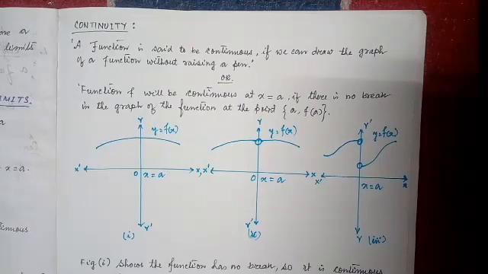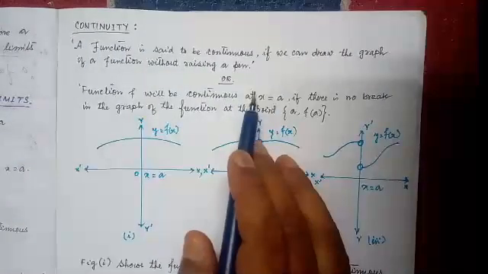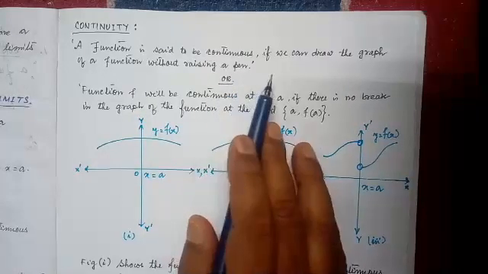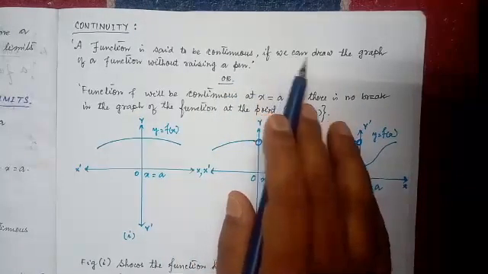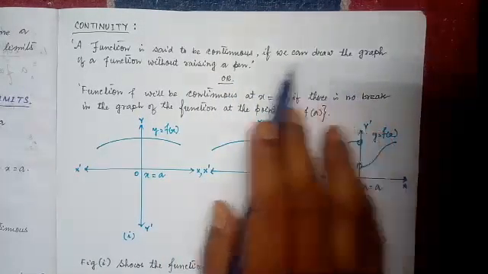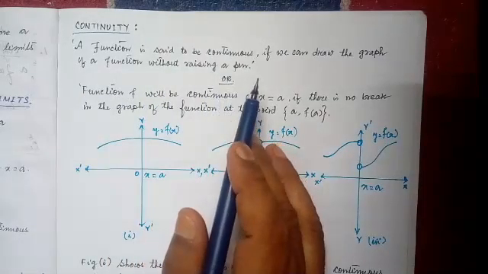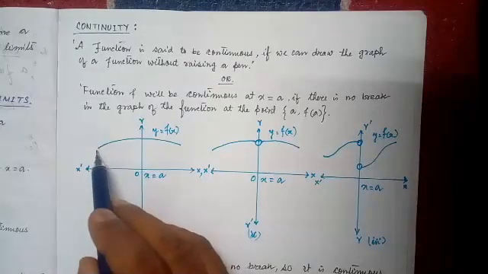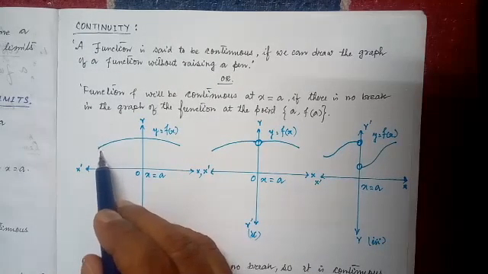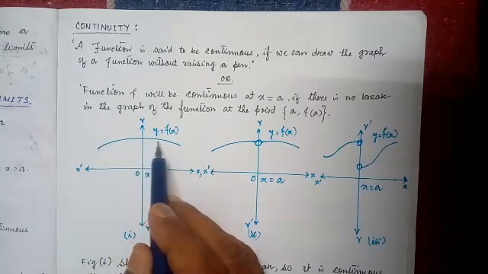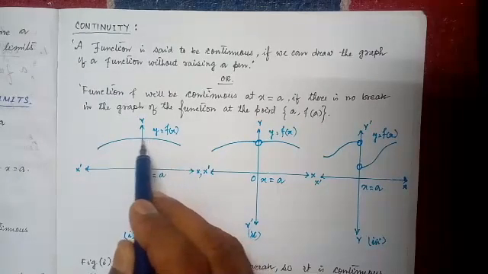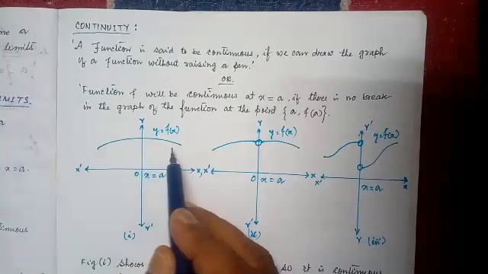Now continuity. Again, I am giving you the basic idea of continuity. A function is said to be continuous if we can draw the graph of the function without raising our pen. Like this, for this one, we can draw the graph of the function y is equal to f of x without raising our pen. So this is a continuous function.